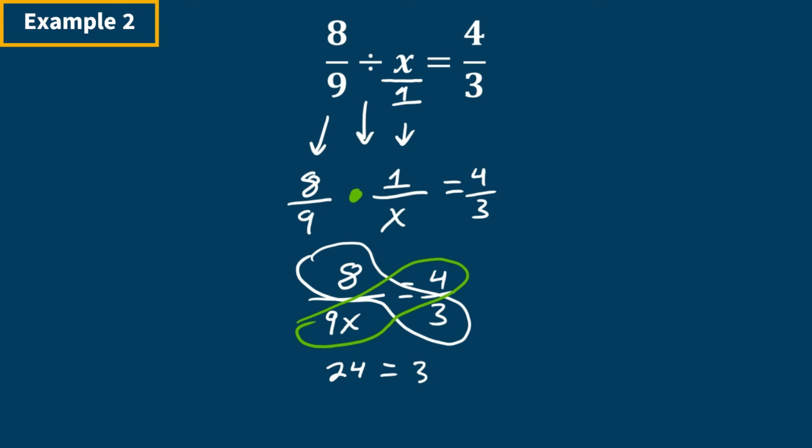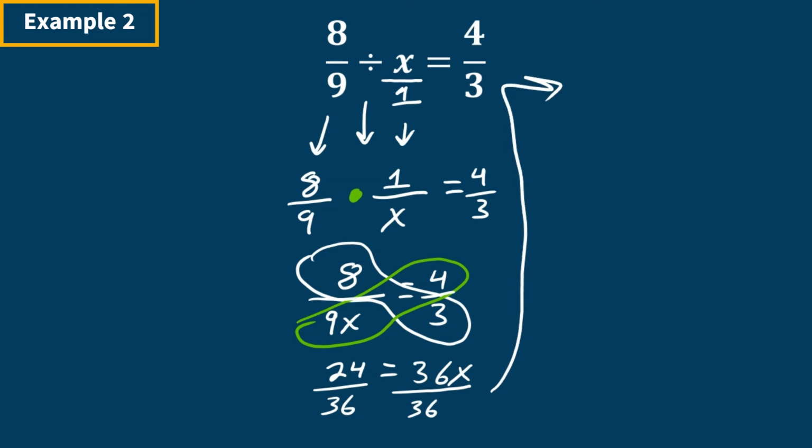That's going to be 36x. From here, what we want to do is get x by itself. So we have to divide by 36, divide by 36. And now what we have is 24 over 36 is equal to x.